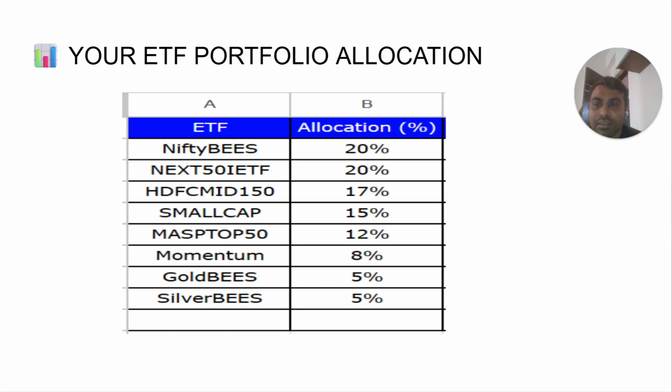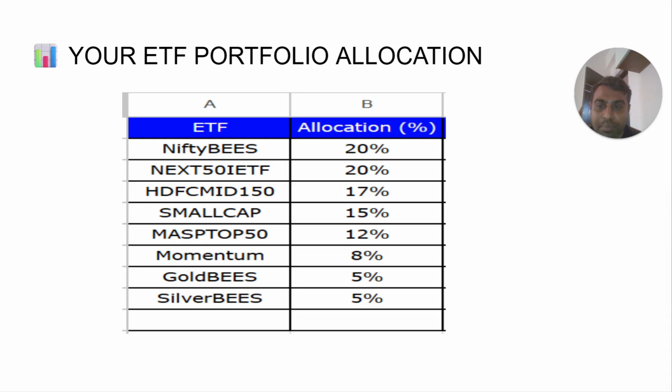So this is a sample ETF portfolio which we have created, totally for learning purposes. Before investing, you should take your investment decision after consulting your financial advisor, right? So I will explain everything: you can invest 20% in this ETF.